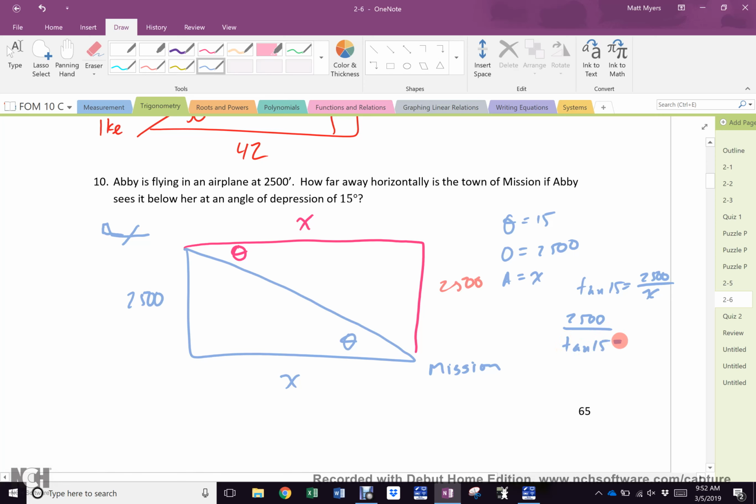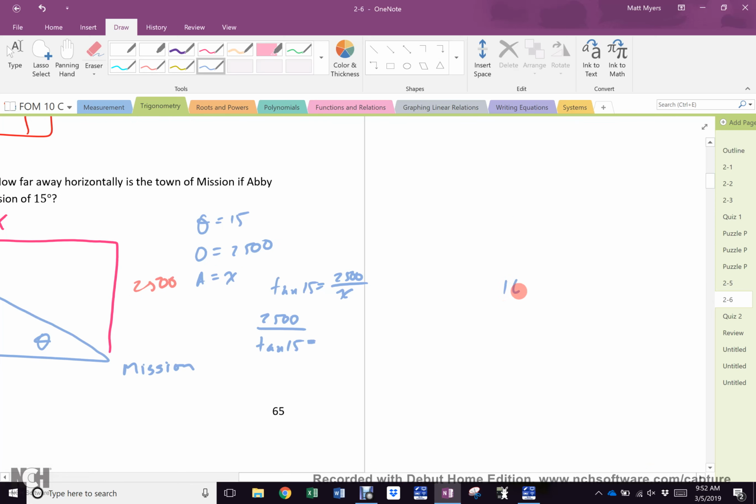Now, some of you are still forgetting when to divide and when to multiply. That goes back to like grade 5 algebra, right? Your big problem is this tan 15 bothers you. But all you have to remember is it is the same as this: 20 over x. How would you solve that?